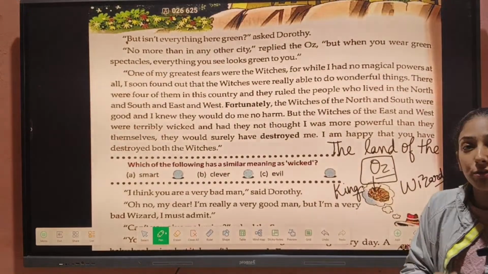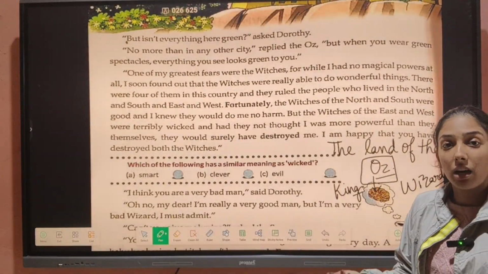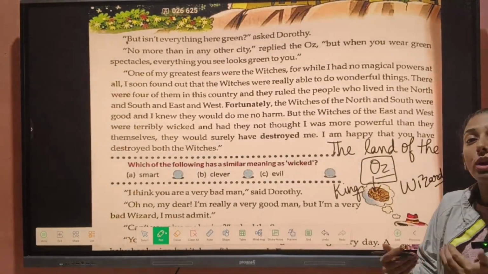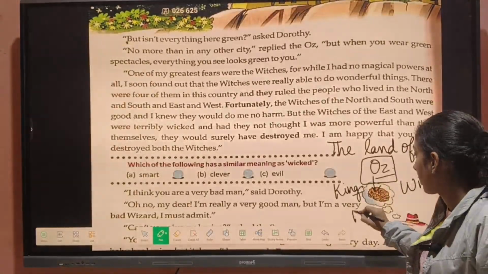So after that beta, he was also very happy to see that they are thinking that he is the king of the land now.